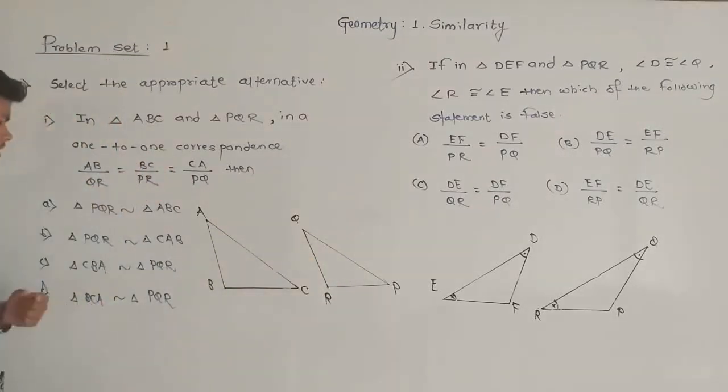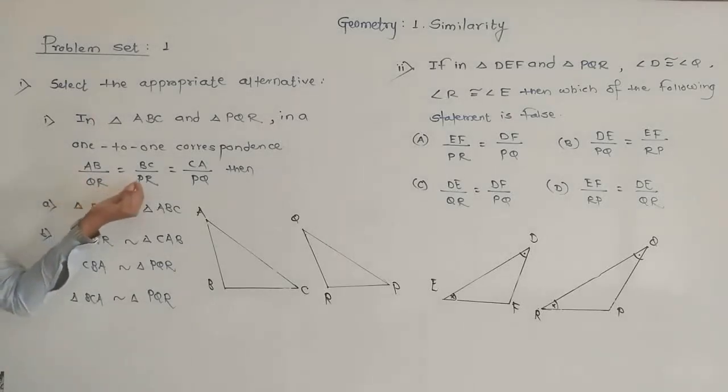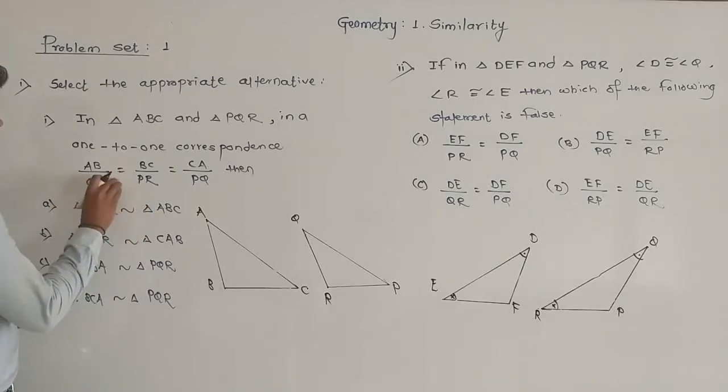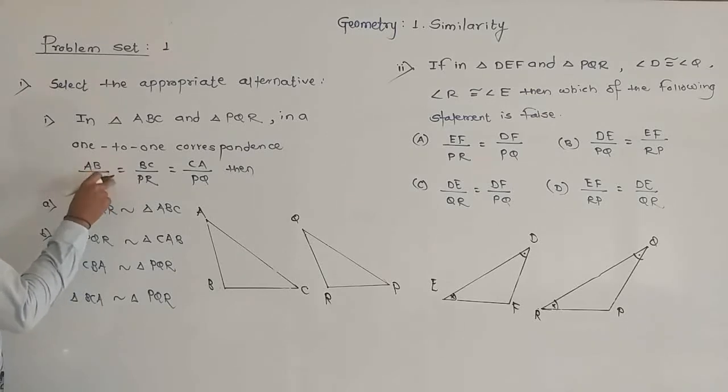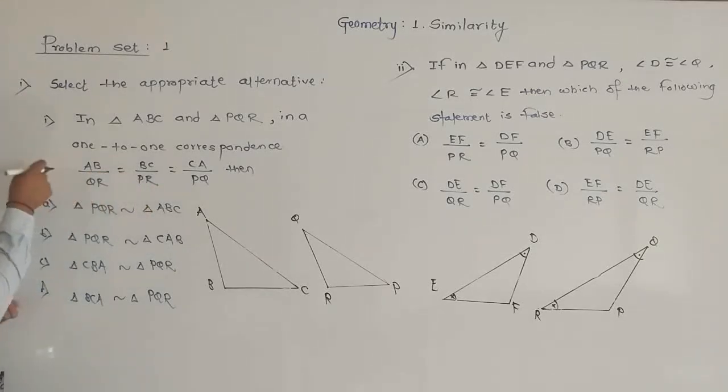Then which of the following alternatives is correct? Okay, so here the first option is triangle PQR is similar to triangle ABC. We have to write the correspondence of two triangles from the corresponding sides of the two triangles.